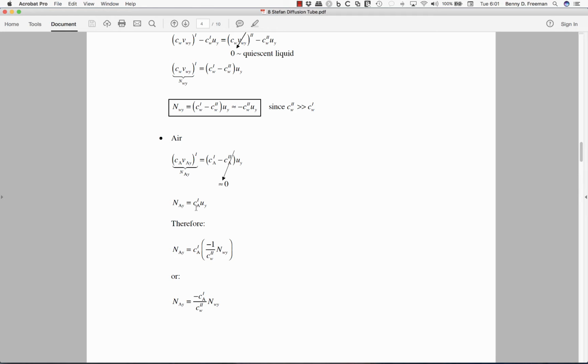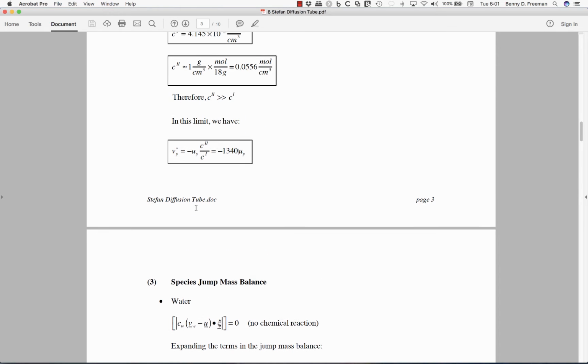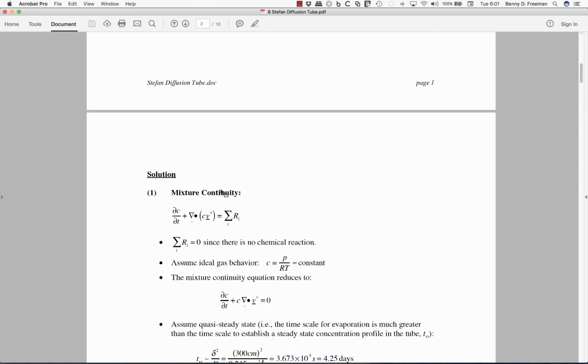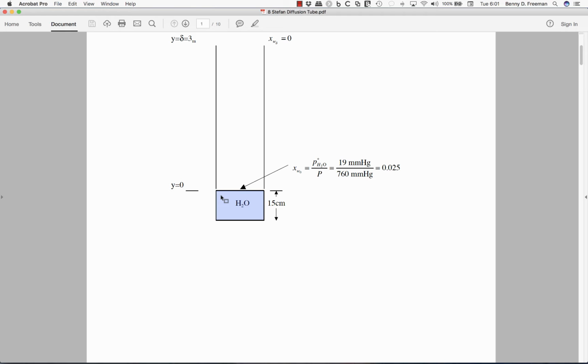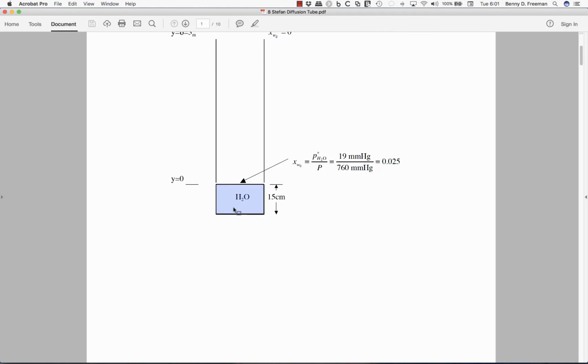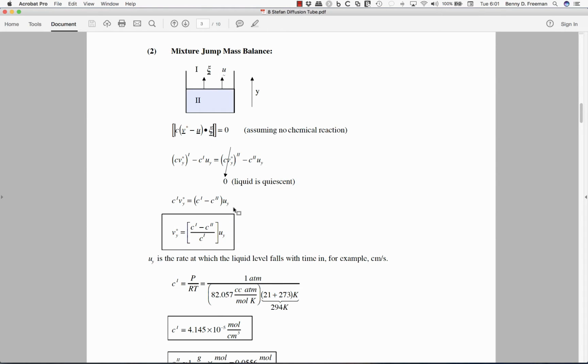And essentially this gives the notion that as the liquid evaporates and the liquid level falls, then you have a flux of air into this tube that is just enough to offset the amount by which this liquid level has fallen, and basically that's required to keep the pressure constant in the tube.